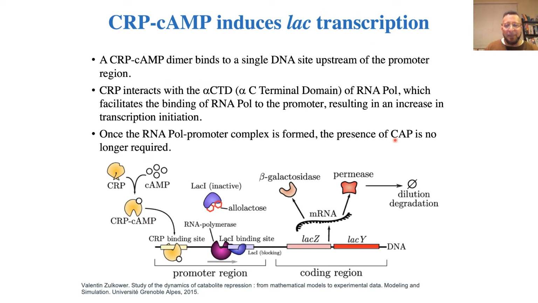So how is this happening? This is an illustration from a thesis from Valentin Sulkover from the University of Grenoble in France, where it's illustrating some of the control of the LAC operon, including the binding of the cyclic AMP and CRP protein.